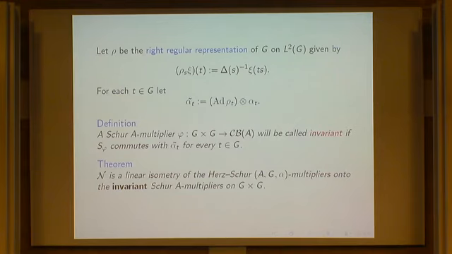Once your map leaves the crossed product invariant, then you can design from a map on two variables a map on one variable which will satisfy the property of Herz-Schur multipliers. So everything is the basic one's left regular, and this is the diagonal of the right regular with itself. Indeed, yeah.